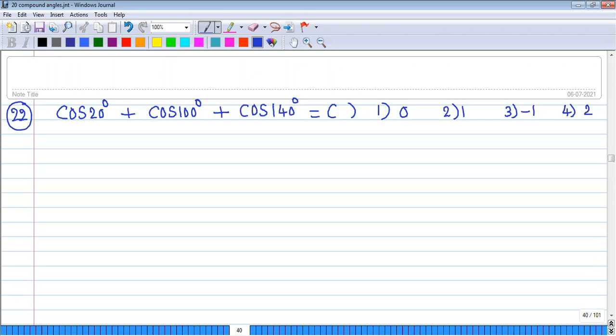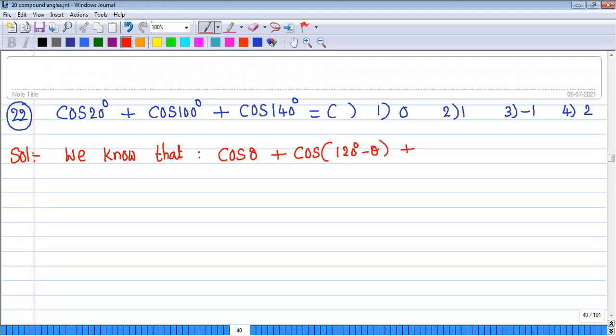So in the previous problem, put A is equal to 20, you will get the answer in the 21st problem. We know that from the 21st problem, cos theta plus cos 120 degrees minus theta plus cos 120 degrees plus theta equal to 0.